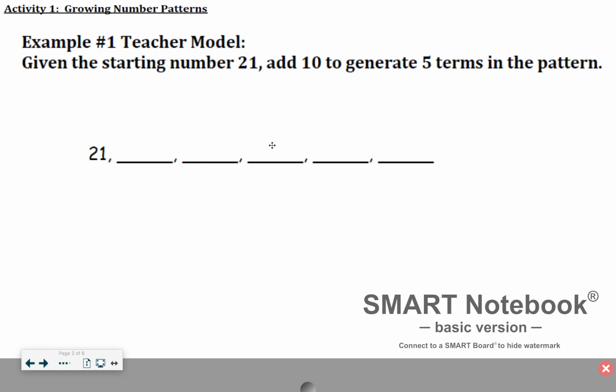In order to find the next number in the sequence, I must add 10 to 21. I know 21 plus 10 is 31. Therefore, the next number in the sequence will be 31. Now we need to add 10 to 31 in order to find the next number in the pattern. 31 plus 10 is 41. So I will record 41 for the next term in the sequence.